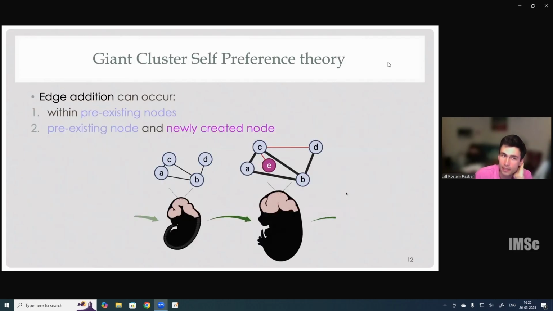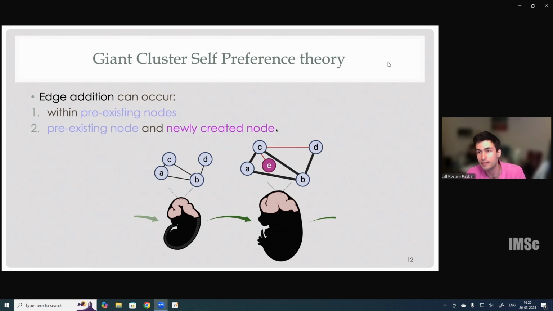This motivated us to come up with a theory that we call the giant cluster self-preference theory, where edges occur such that they add to pre-existing nodes. For example, on this schematic, when we go from left to right, the pre-existing nodes are these light blue colors, and the new node is E. Edge addition is limited to occur only between pre-existing nodes, and between pre-existing and newly created nodes.